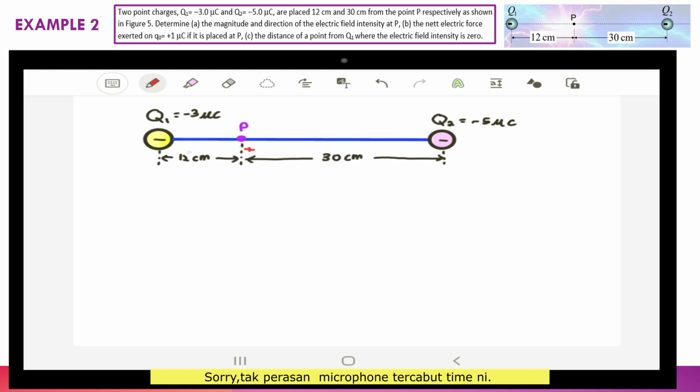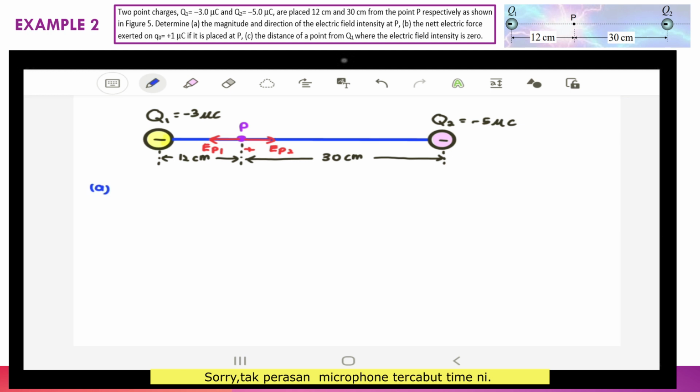So this will guide you to draw the correct direction for the electric field on P due to charge 1. In this direction, I will put EP1, meaning the electric field on P due to charge 1. And positive, negative, so we have direction to the right, so it's EP2, the electric field strength on point P due to the second charge.